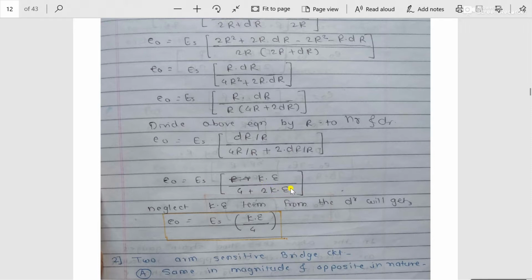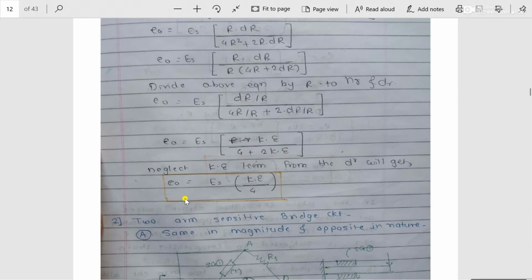And from this particular equation, if I neglect this k into epsilon from the denominator, I will get the final equation, that is E0 is equal to Es into k into epsilon divided by 4, because the k into epsilon is present at the numerator, and those numerator terms I have to consider for further calculation.